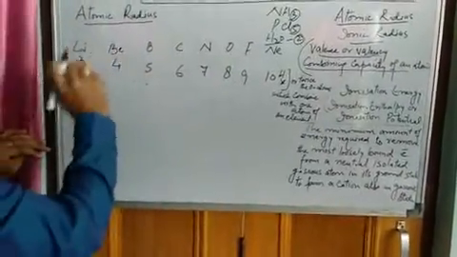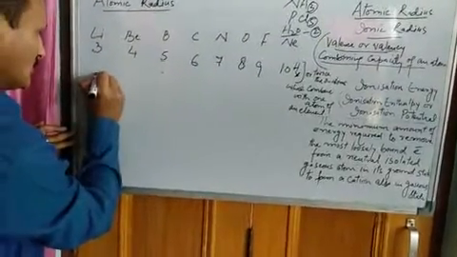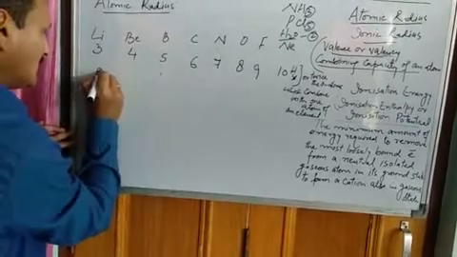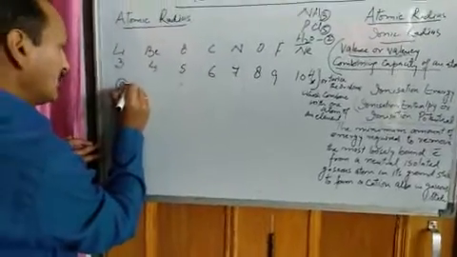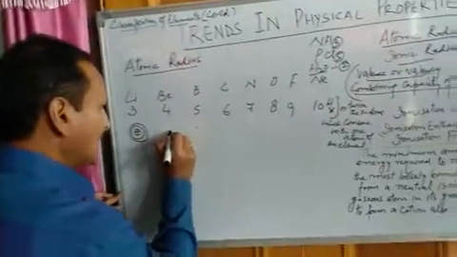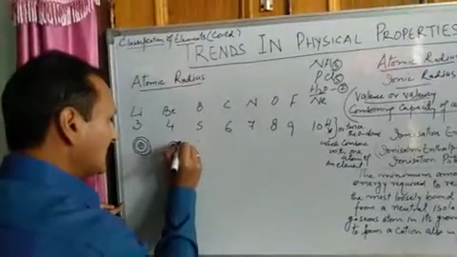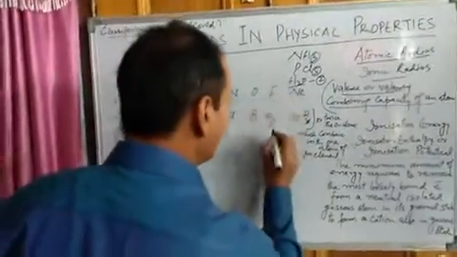Let us make their atoms. This is lithium. This is the nucleus of lithium, only 3 protons in it, and 2 shells, first shell and second shell. This is again a nucleus, first shell and second shell. Similarly further, and finally we move to fluorine.